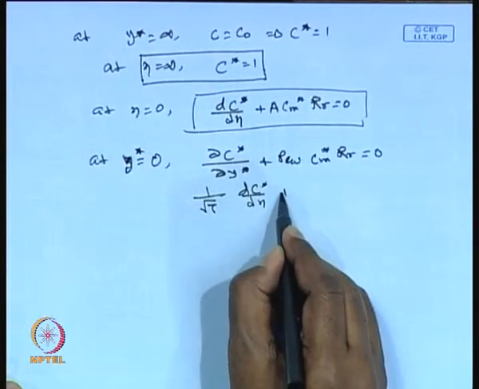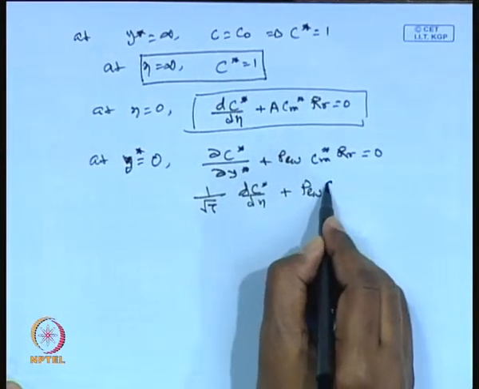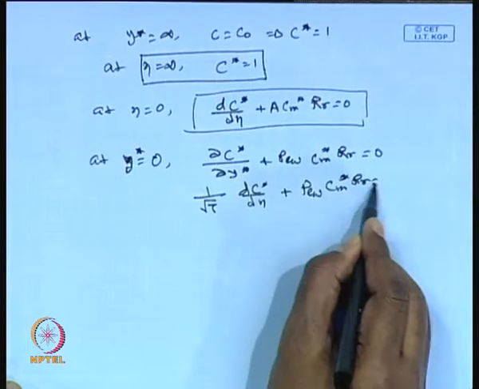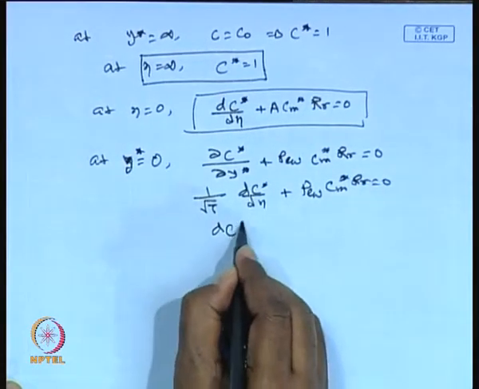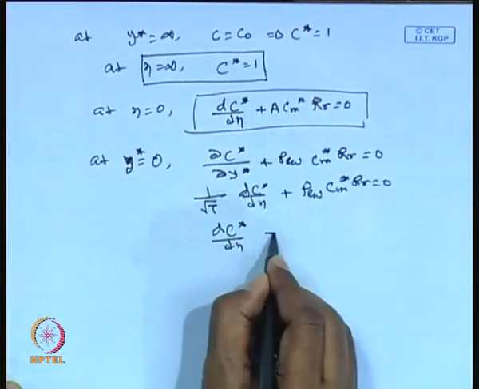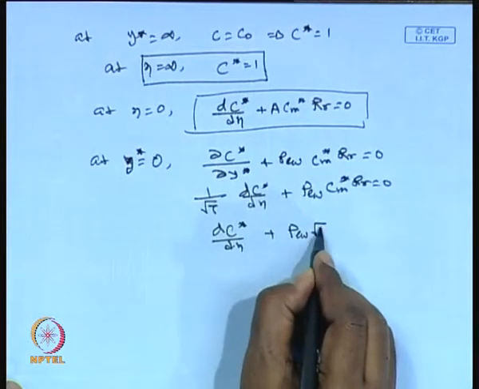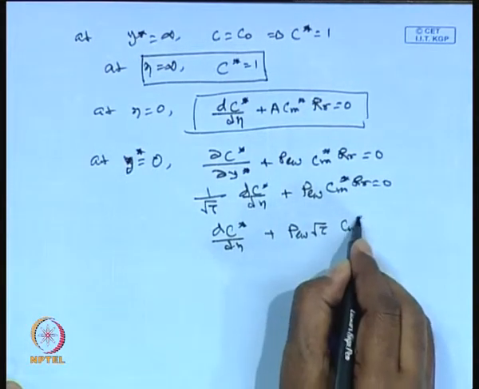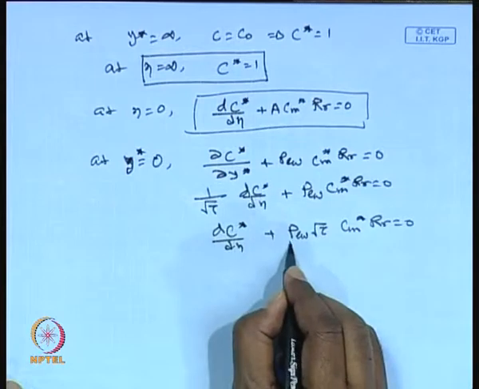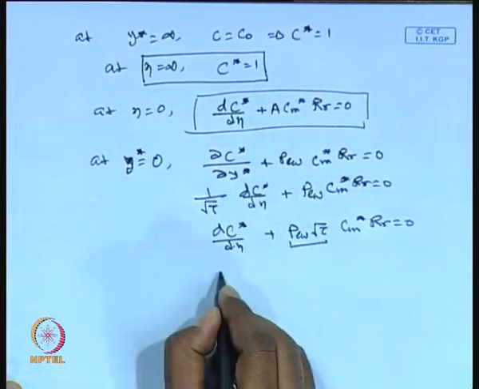So, d c star d eta plus p w root over tau c m star r r is equal to 0, and this is the constant A that we have already defined earlier.